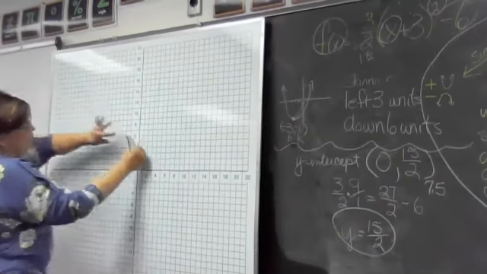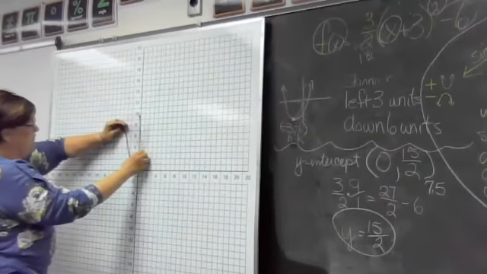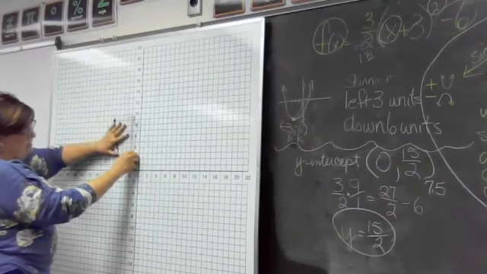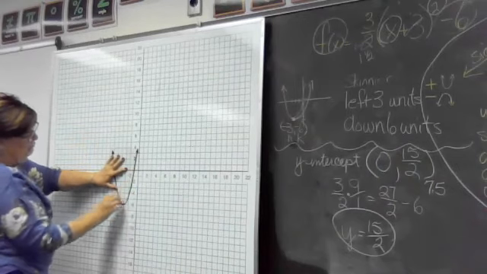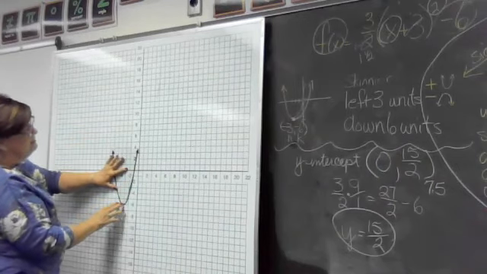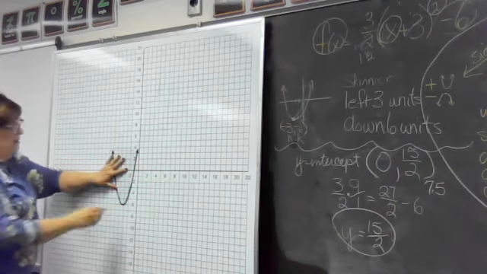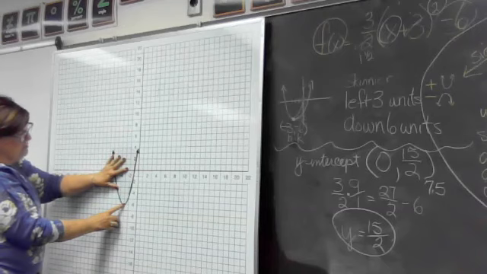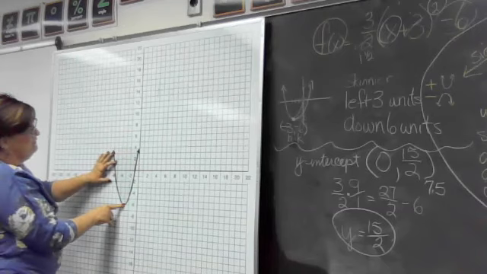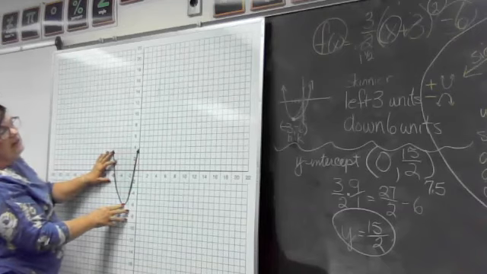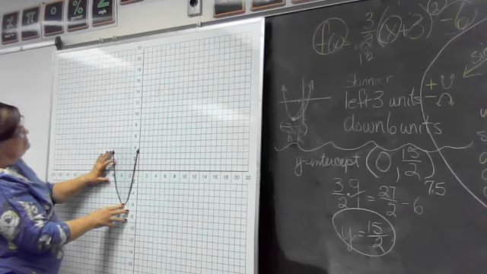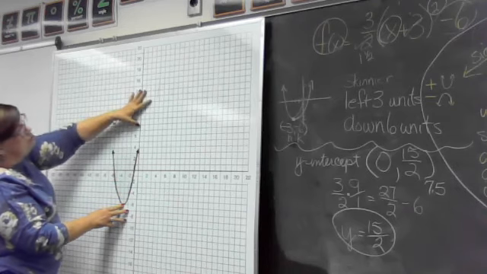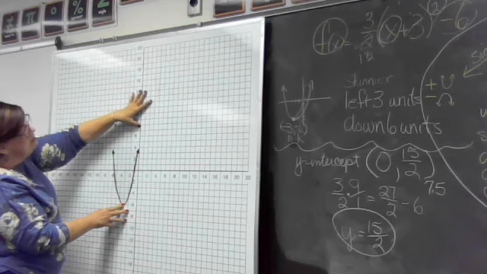So here we were. We moved to the left 3 and down 6. So we're right here. Now you can tell how skinny I need to make this, because here's going to be the vertex, no question. But it has to go through 7.5, which would be clear up here.